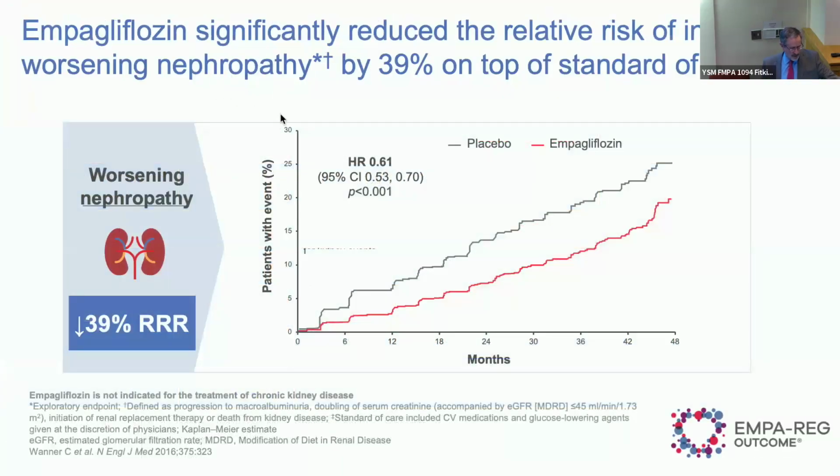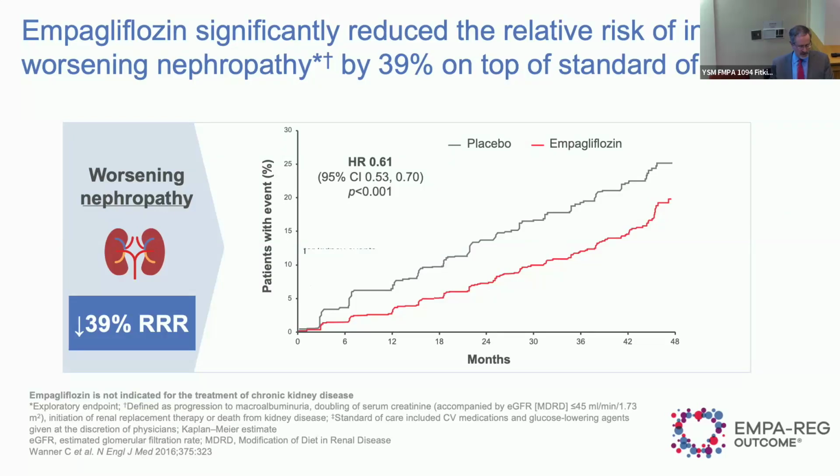This was also a secondary outcome, but we stumbled upon this strange benefit on progression of chronic kidney disease from these compounds. And here the data suggested a nearly 40% risk reduction in the progression of CKD defined by development of macroalbuminuria, doubling of serum creatinine.